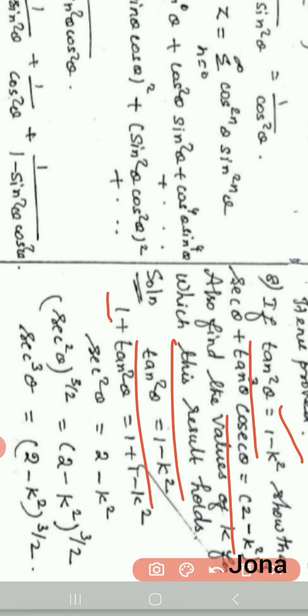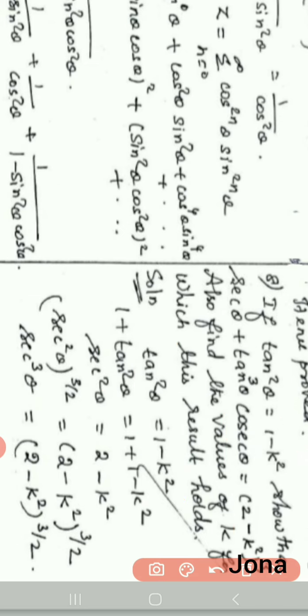Add 1 on both the sides, so that it will become 1 plus tan square theta equal to 1 plus 1 minus k square. This 1 plus tan square, the trigonometrical formula is secant square theta. You should know the formulas. 1 plus tan square theta is secant square theta equal to 2 minus k square.